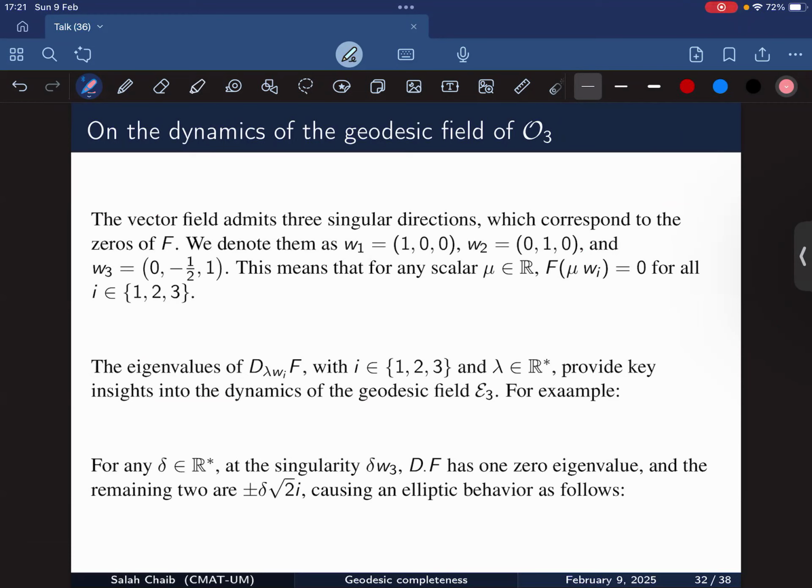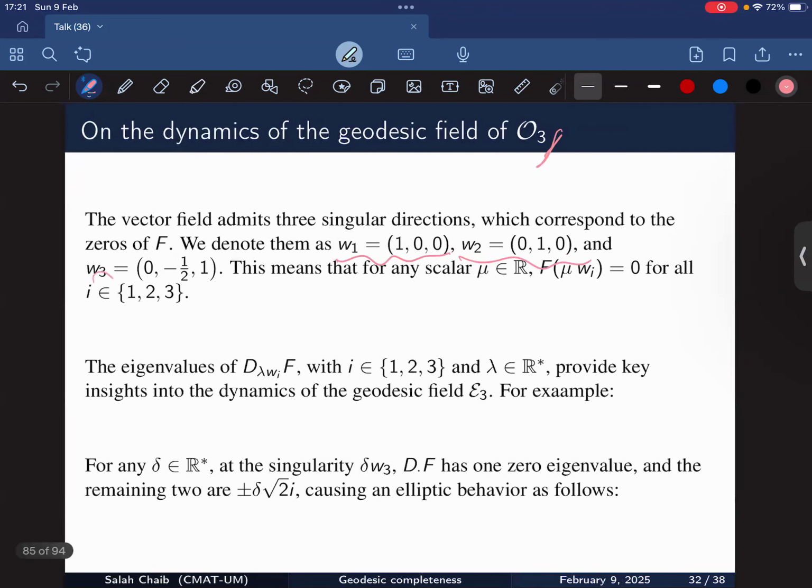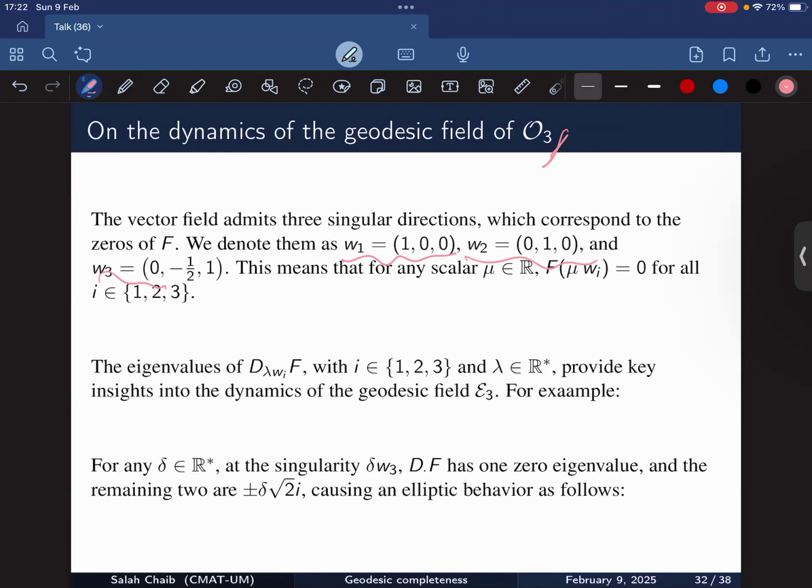And for this special metric, we did some dynamical study. For instance, the singularities of the corresponding vector field of O3 are omega 1, omega 2, and omega 3. It has three singularities that span the vector space, and the eigenvalues of the linearized vector field at each singularity provide some key information about the geodesic vector field.